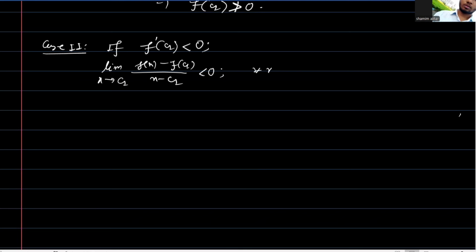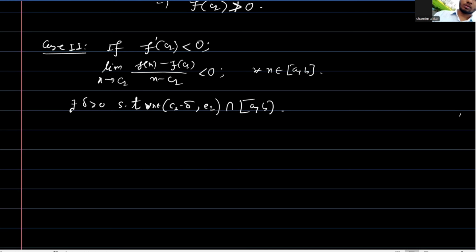So there exists del greater than 0 such that for all x belonging to c1 minus del comma c1 intersection a comma b, we have f of x minus f of c1 by x minus c1 less than 0.